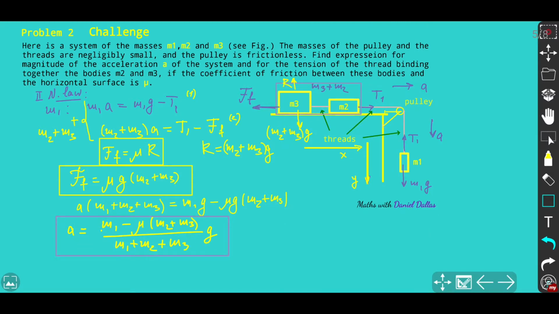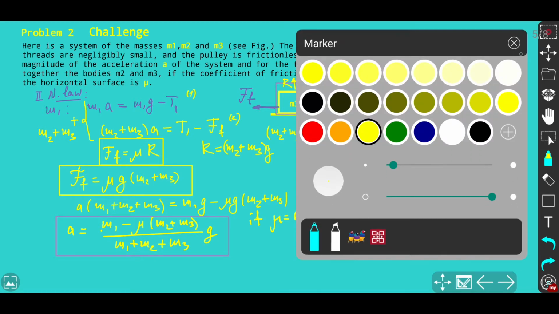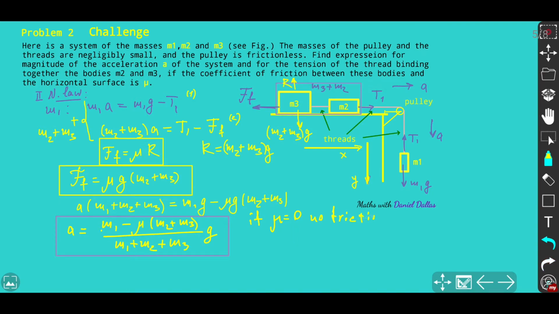So let's analyze. Let's assume that there is no friction. Let's consider and provide some deeper analysis here. If mu is going to be 0, means no friction, we understand that we will get acceleration equal to a portion where M1 represents the total mass.